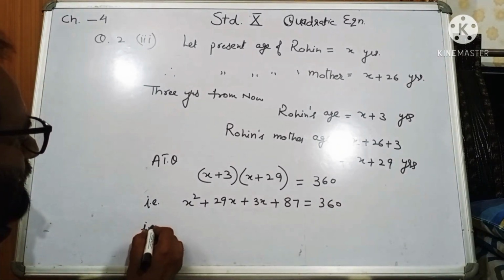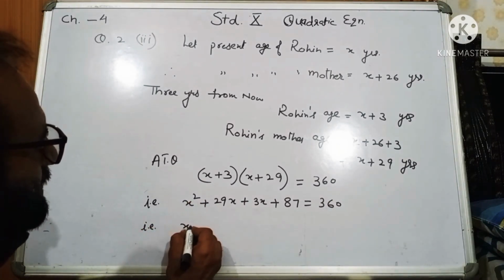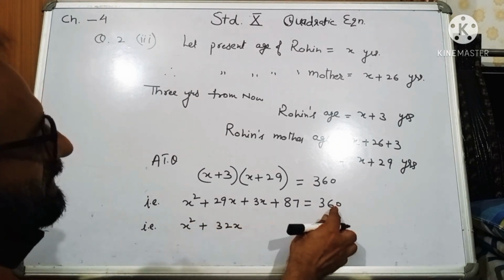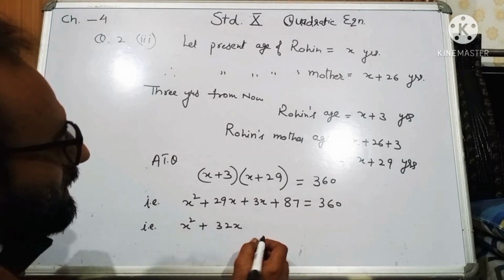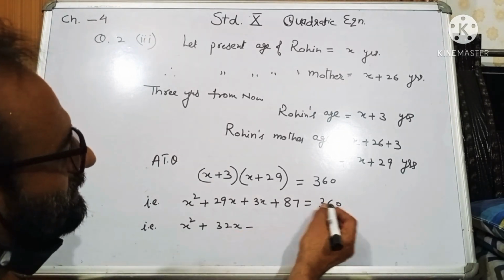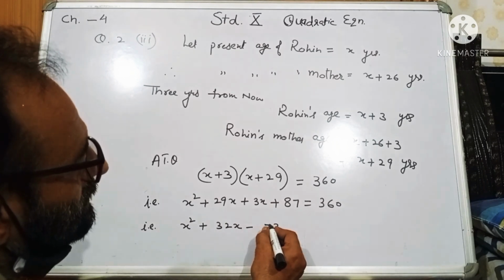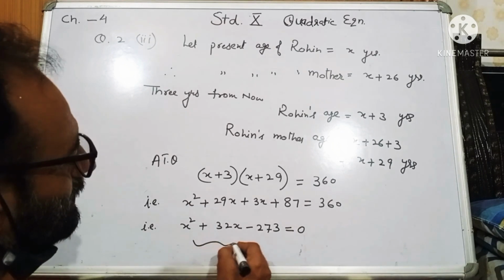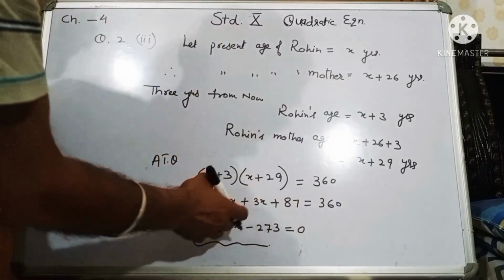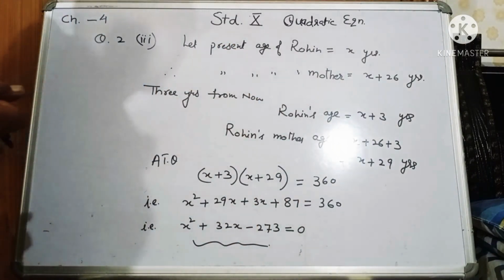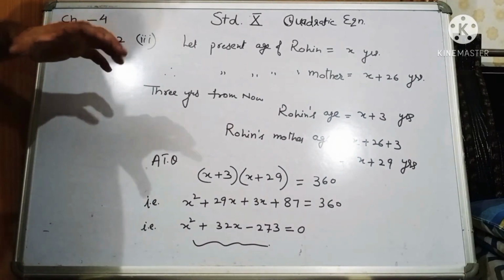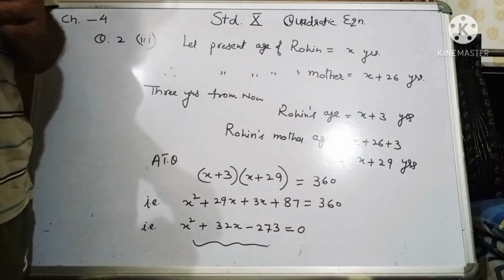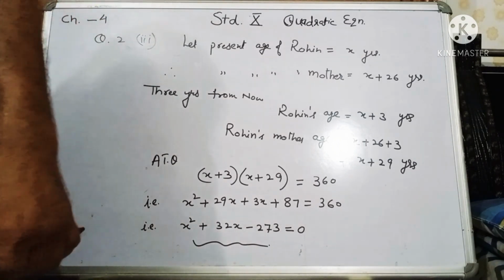That is x square plus 32x. This 360 will become minus on this side, and it becomes minus 273 is equal to 0. Again you see this word problem has changed into a quadratic equation. In this question you have to take care that you always have to suppose the present ages of the persons given in the question.